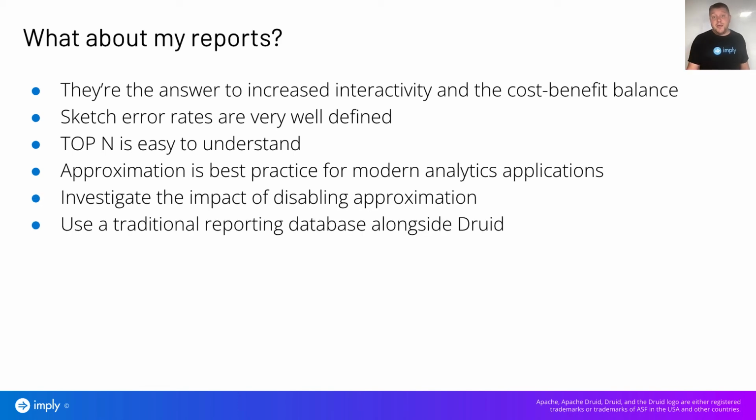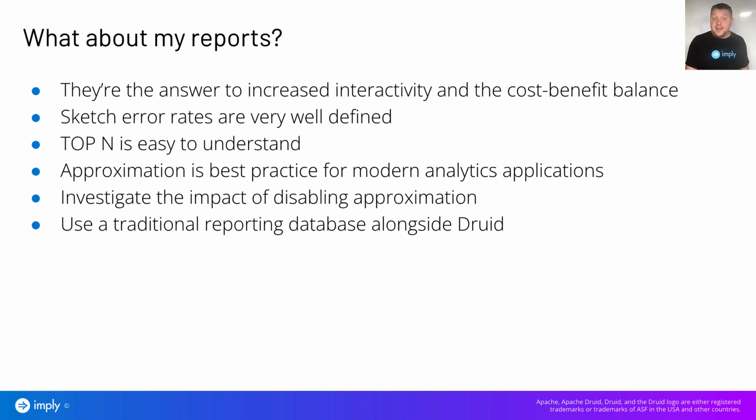Now, there are some people who definitely, unquestionably need accurate results. Your financial return cannot be approximate, and that's perfectly okay. One option you might have is to set up the data and your query to run without approximation turned on. You might consider running some queries using specific context parameters where approximation is then disabled.